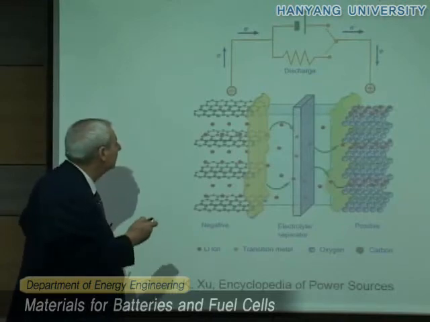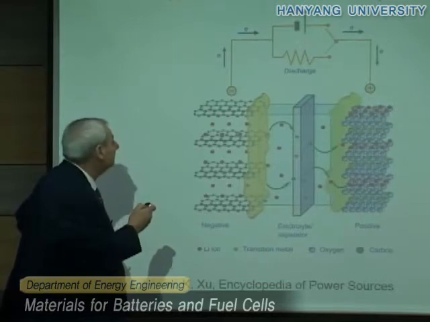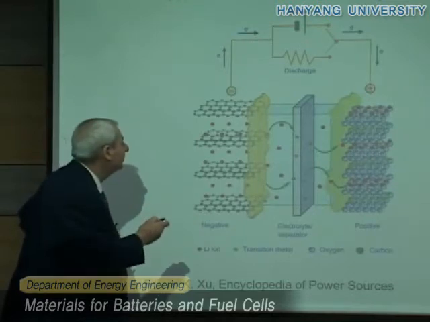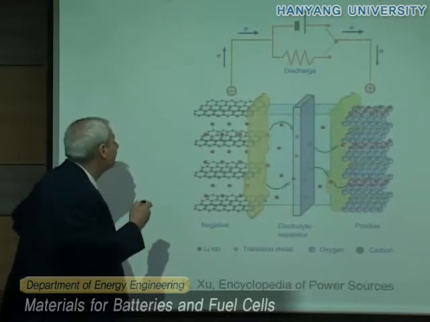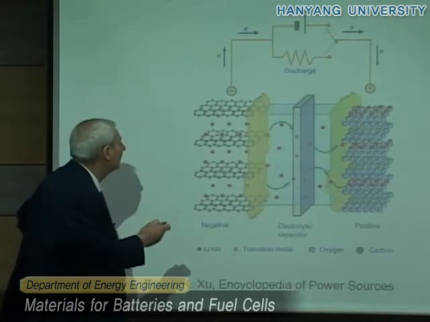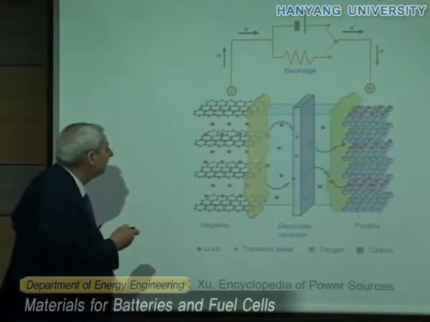Transformers transform the alternating current to a constant current. So you see the positive is this one and the negative is this one. What will happen in charge is that the electrons go here and ions are removed and go into the graphite.